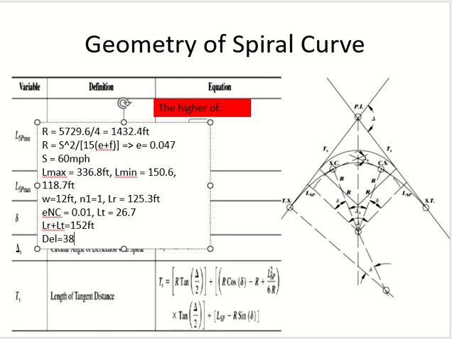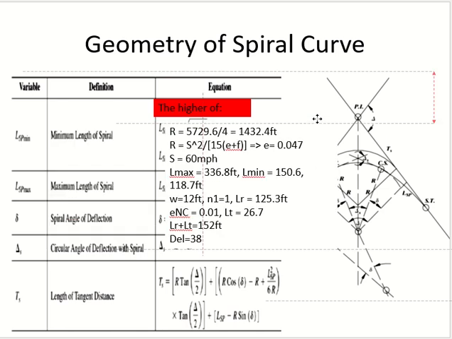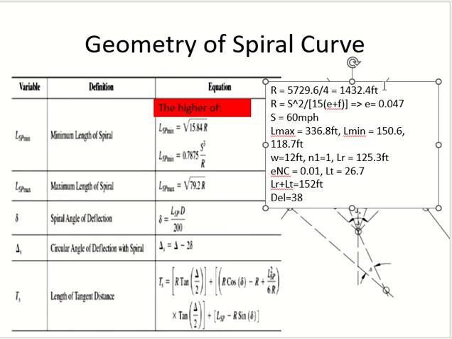What else do I need? I need the small delta, the angle of the spiral. You can see the equation over here. D is the degree of the curve, 4, the one we use for calculating radius. So D is 4, and LSP is 152 feet.